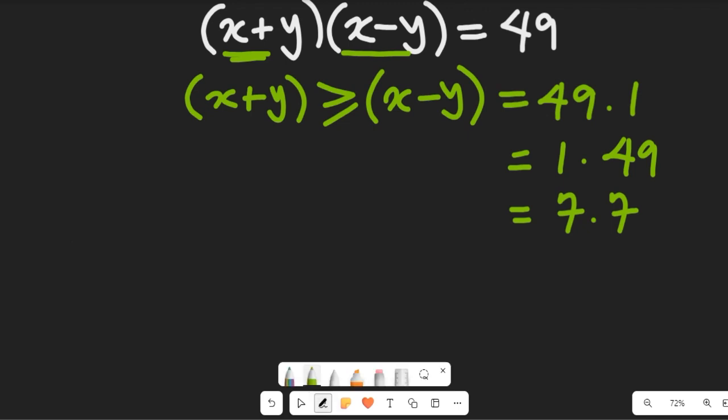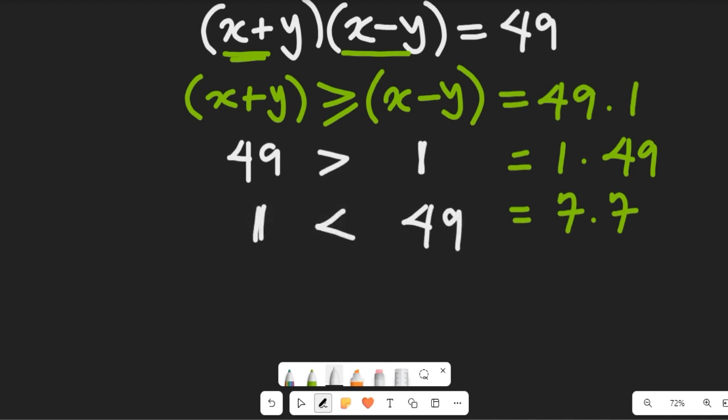Now let's analyze this. If this value is 49 and this is 1, you will come to see that 49 is greater than 1. And if this becomes 1 and this is 49, you come to see that 1 is less than 49. And if this is 7 and this other part is 7, you come to see that 7 is equal to 7.